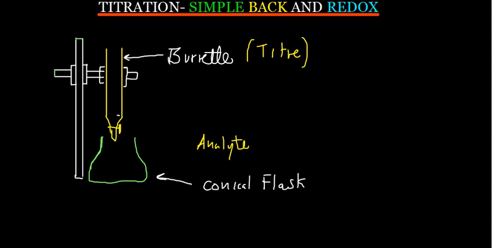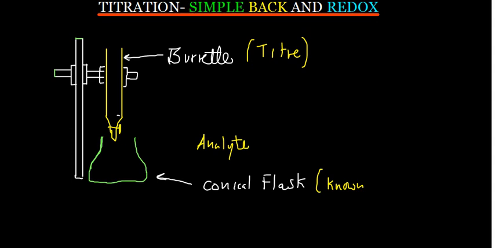And then in the conical flask we are going to put something of which we know the volume. But most of the time we also know the concentration. So let me first finish with the titer, which we can as well refer to as a titrant.